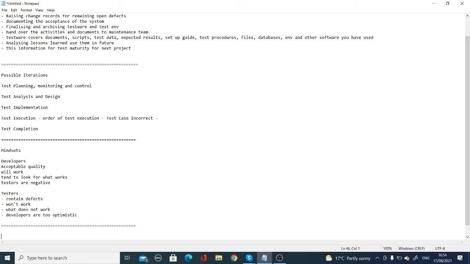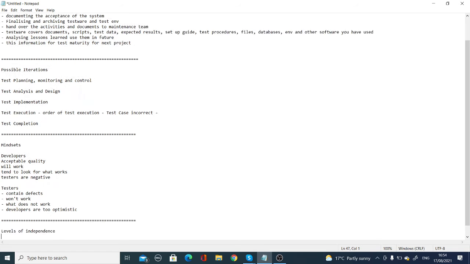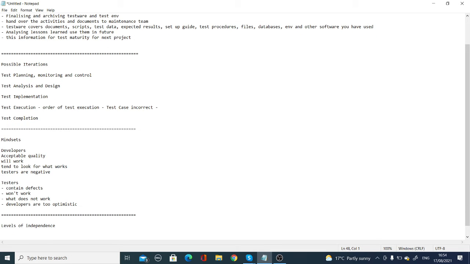Okay. In testing, we discuss levels of independence. So what are levels of independence? The more independence you have, the more unique defects you will find.